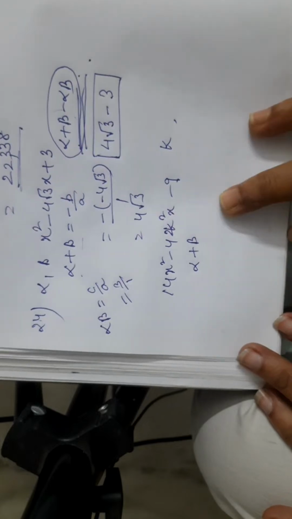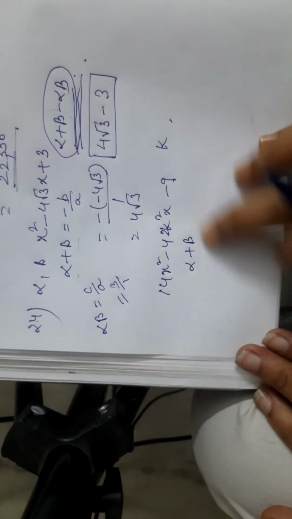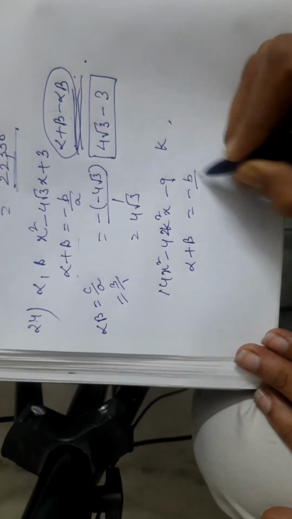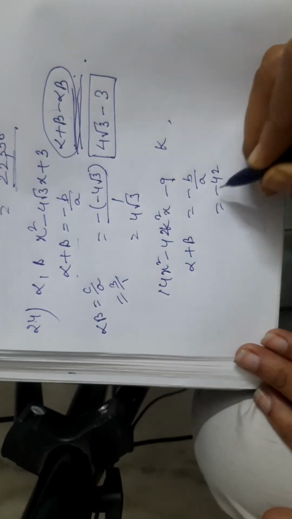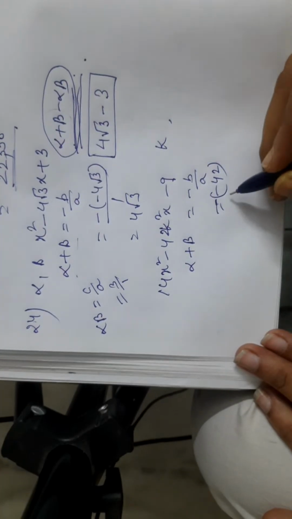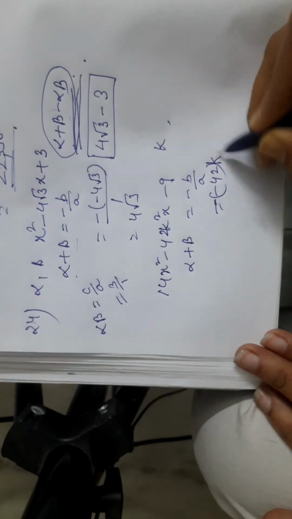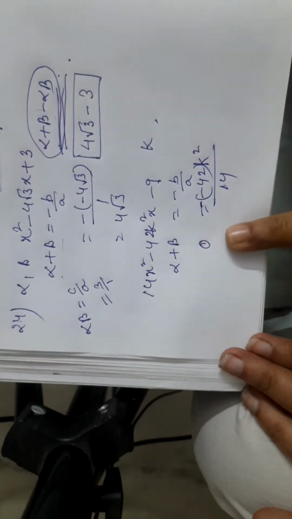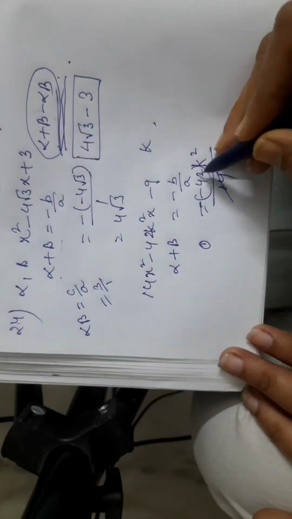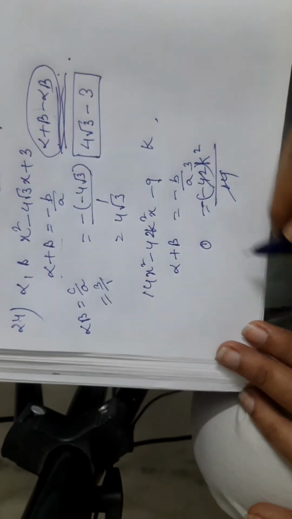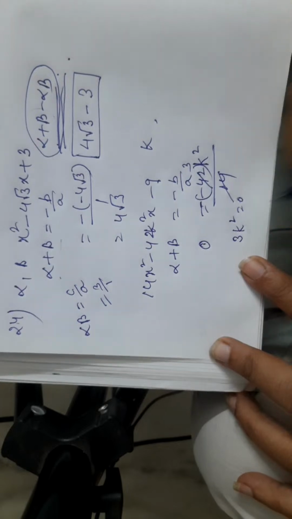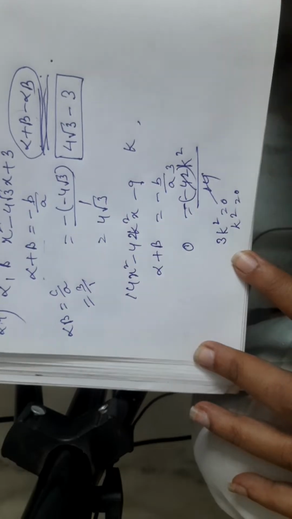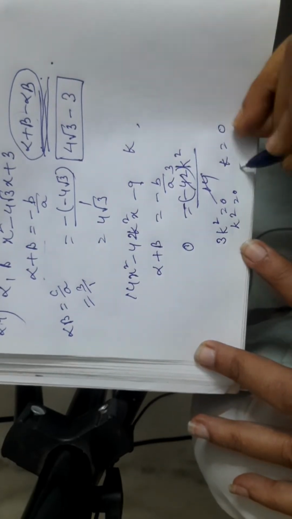As both the roots are negatives of each other, alpha plus beta will become 0. And the sum of the roots formula is minus b by a. So your b is minus 42 k square and a is 14. We got alpha plus beta as 0, so 3 k square is 0. So k square is 0. So finally k is 0.